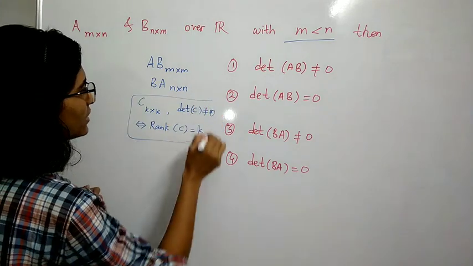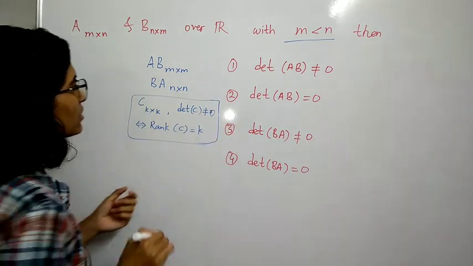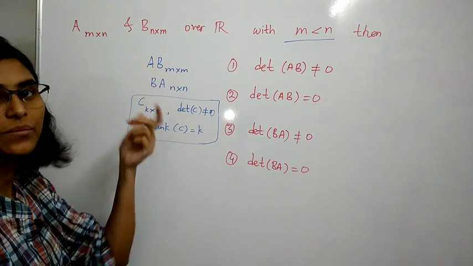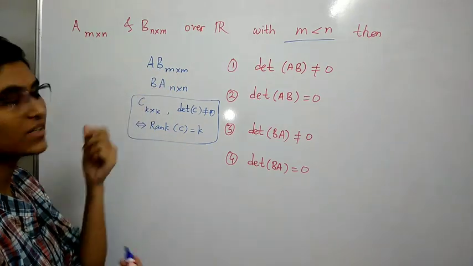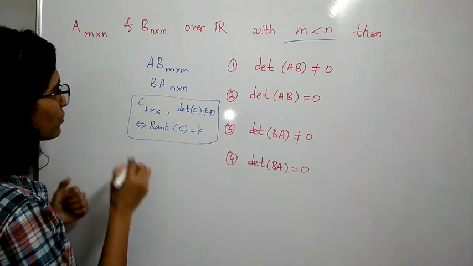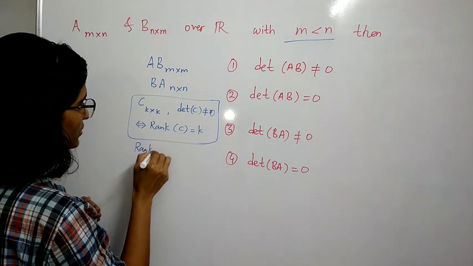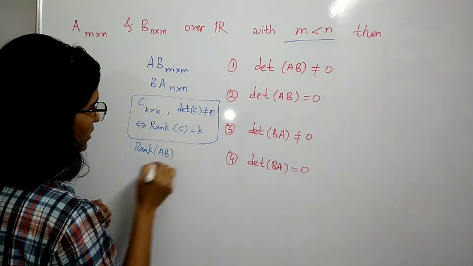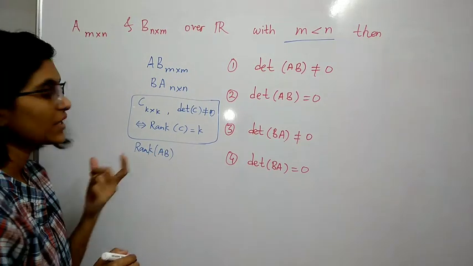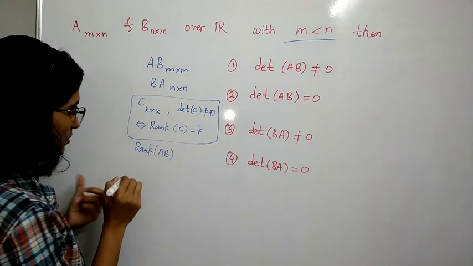So let us first find out the condition on the rank of AB and BA. What can we say about the rank of AB? Now what is the important thing?